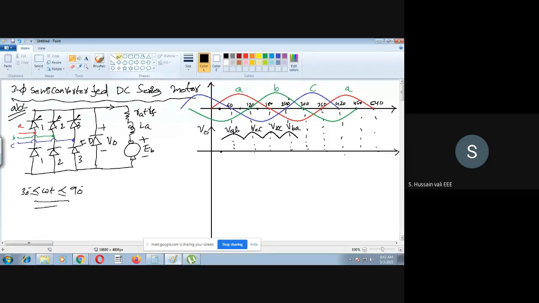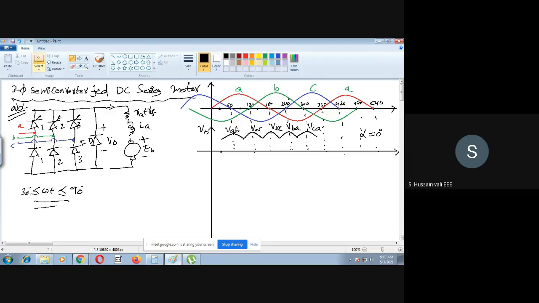Then 270 to 330, the highest is C, the lowest is A, so VCA. Likewise, you can go ahead. So this is for firing angle alpha equal to 0.